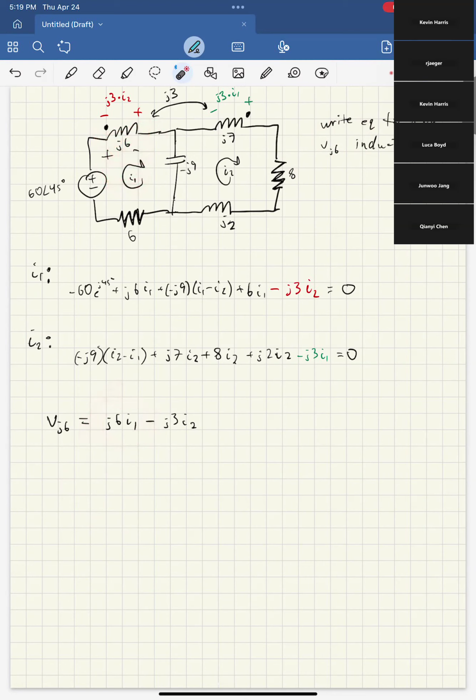But then we also have the induced voltage on top of that. Due to the current flowing through here, we have this voltage made over here. And the value of this is that J3 I2 that we found earlier. However, since its polarity is flipped with respect to this, we're going to be subtracting it. So this is on top of this, so you have to add them together, except that this one is negative, so it becomes negative. That's the best explanation I think I can give, sorry.